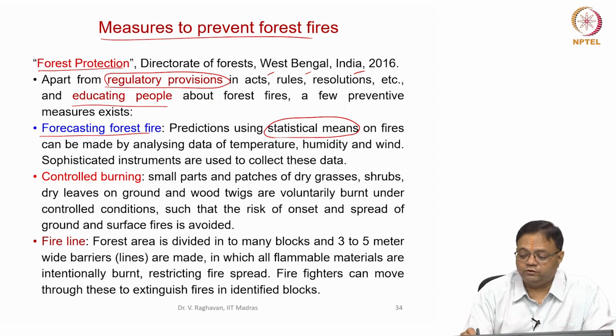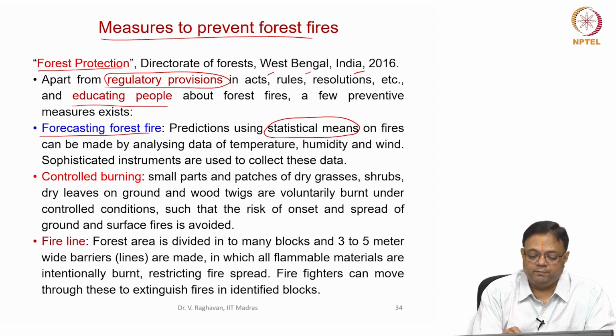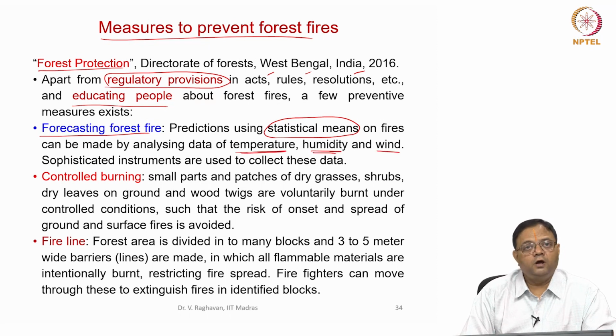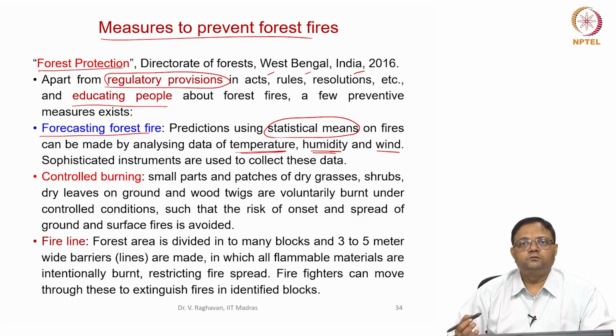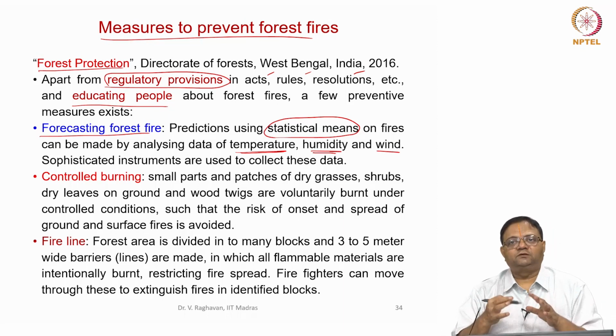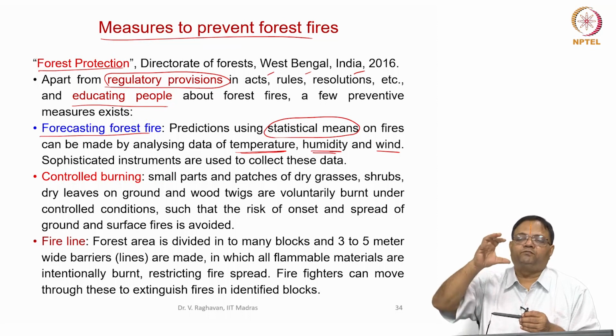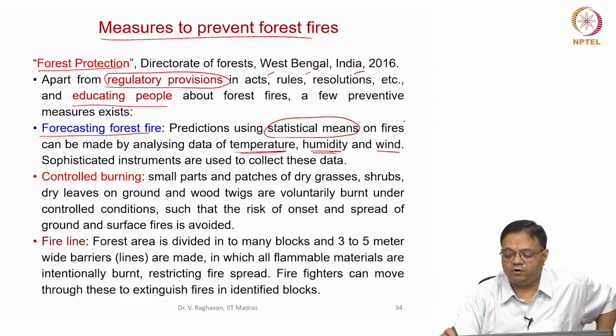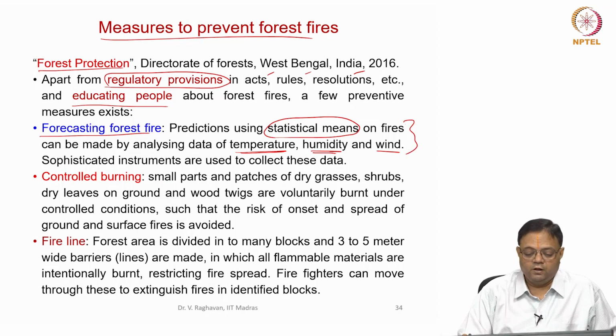So, predictions on fires can be made by analyzing data of temperature, humidity and wind, and you build some model. Based upon this, you can predict that forest fire in some regions can occur, based upon the statistics we develop over the years.